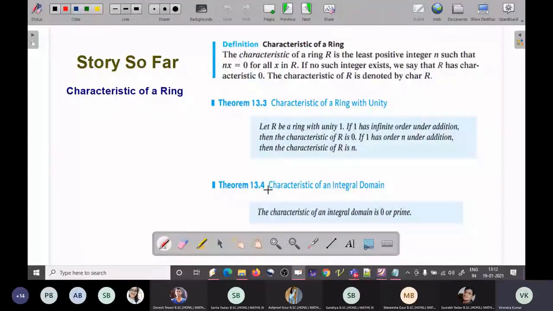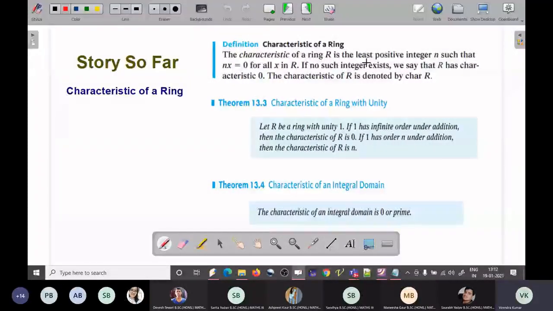The characteristic of a ring is defined based on the additive property of a ring. So this is the definition we explored yesterday.